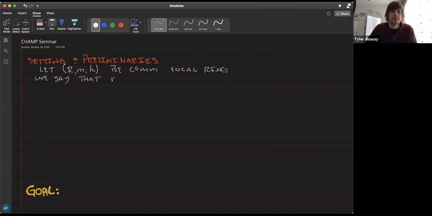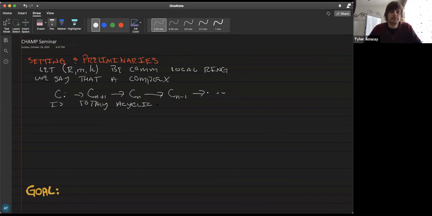that a complex C, so we'll write out this complex here, is totally acyclic if it satisfies two conditions.